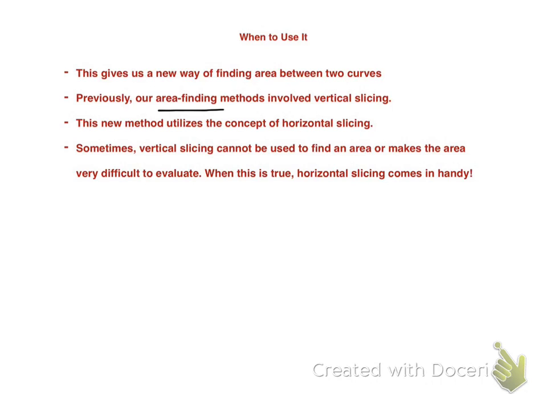Previously, our area finding methods that involve definite integrals, at least, excluding Riemann sums and trapezoid rule and stuff, involved vertical slicing. This new method utilizes the concept of horizontal slicing. Nothing wrong with vertical slicing. Vertical slicing is awesome, and we're still going to use it a lot. Horizontal slicing is not going to replace vertical slicing.